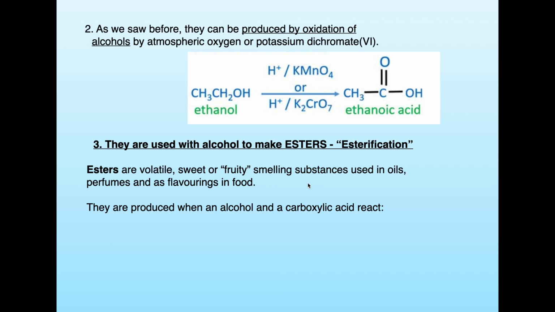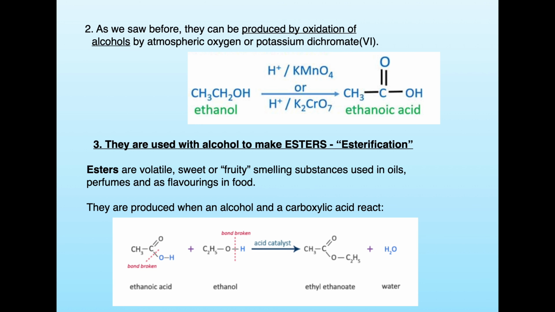When an alcohol and a carboxylic acid come together, this is what happens. This is ethanoic acid. This is ethanol, C2H5OH. Bond breaks, water's produced, and then this funny little molecule comes up. There you go. It's got the alcohol bit here, and it's got the acid bit here.